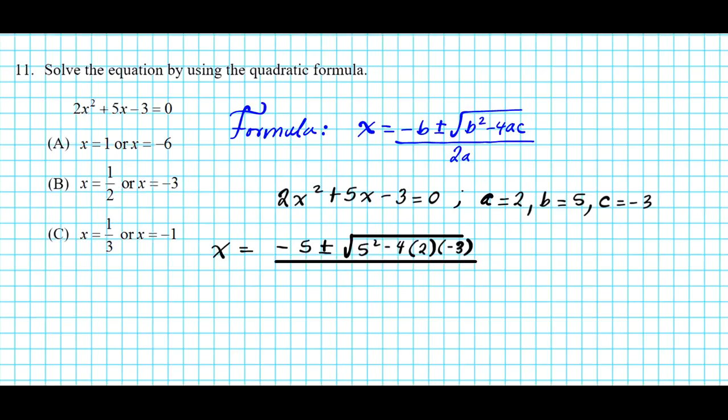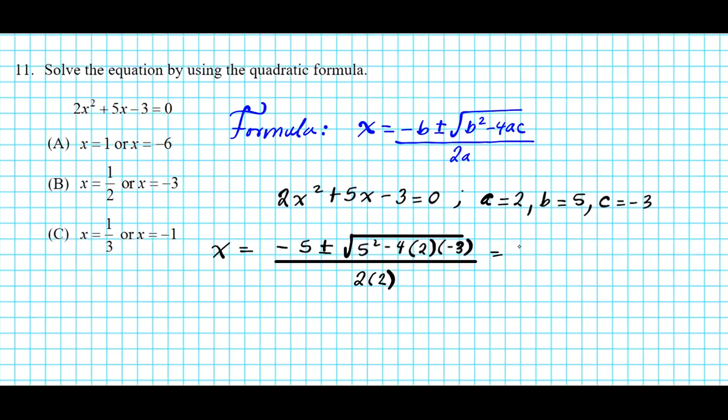Okay, when you're dividing, make sure you divide the entire numerator expression by 2a. Now all we just have to do is use the order of operations to simplify this expression right here.